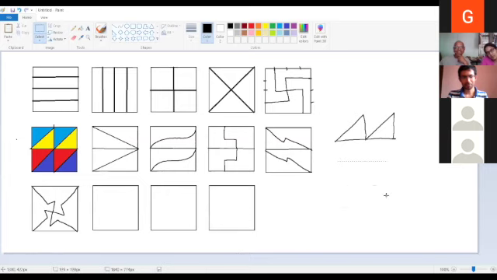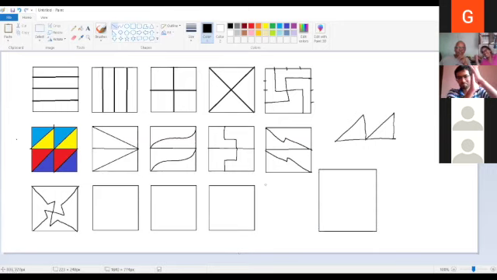Our method is we will draw this square. We will then divide it into 2 halves. And now it's a question of dividing the rectangle into 2 halves. You can divide the rectangle into 2 halves in many ways.